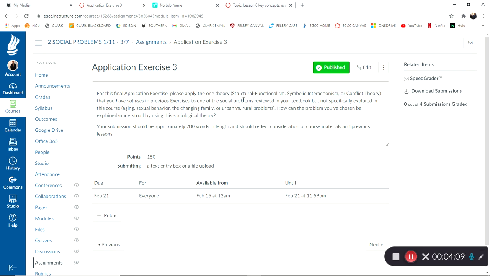Then you are going to look through your textbook and start looking at some of the topics that we haven't used this semester, and then you're going to choose one that you really are interested in, like urbanization, and then apply the theories to it. Like, if you haven't used conflict theory, how can you apply that to urbanization? Well, take a city, for example. Some people in the city have $1 million mansions, and some people in the city are really struggling.